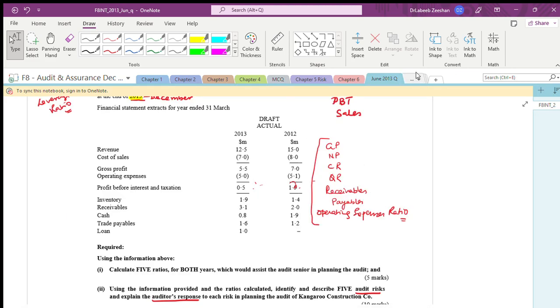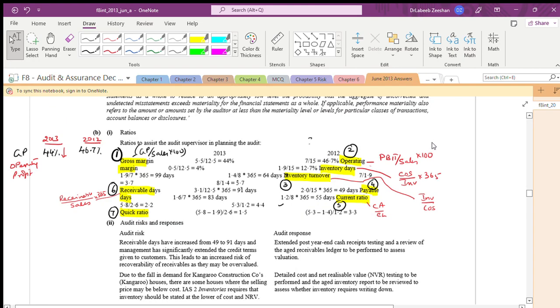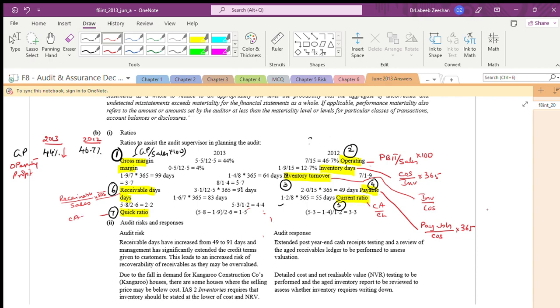Next, payables divided by cost of sales, payable into 365. Current quick ratio is current assets minus inventory divided by current liabilities.